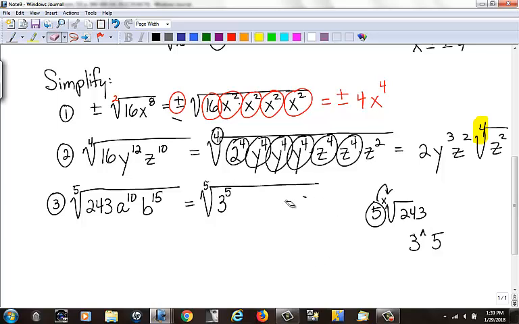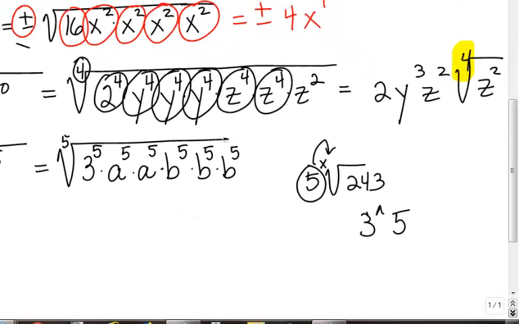And then a to the 10th, I want to split it up into powers of 5. So I'd have a to the 5th times a to the 5th, b to the 5th times b to the 5th times b to the 5th.